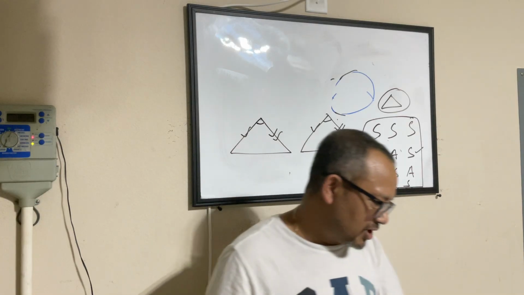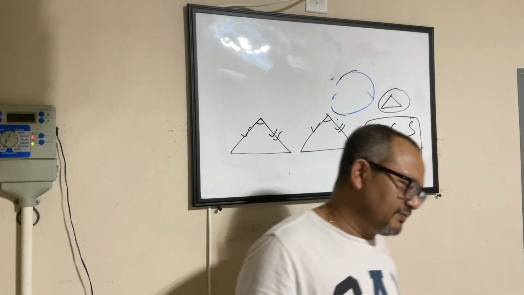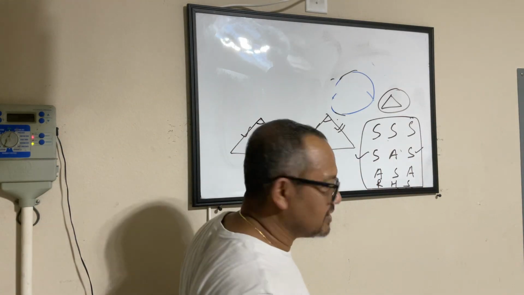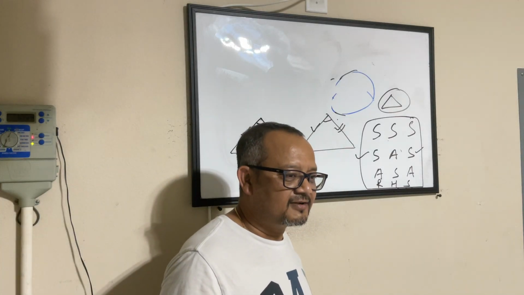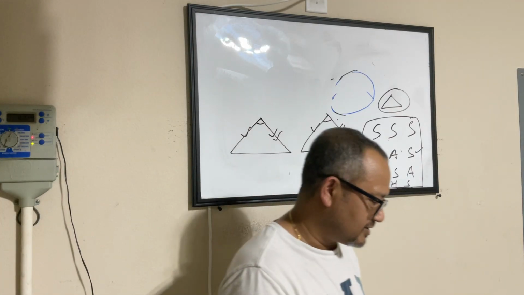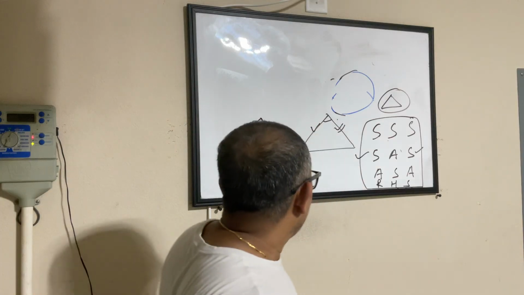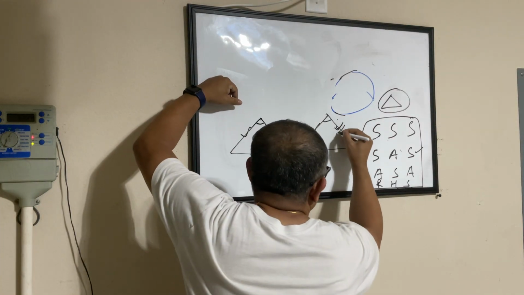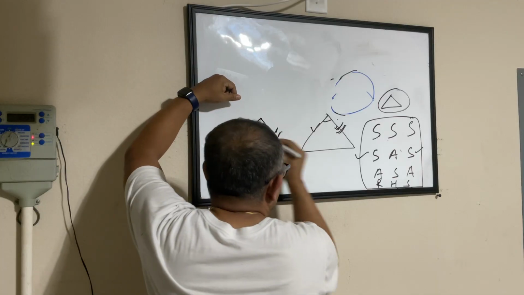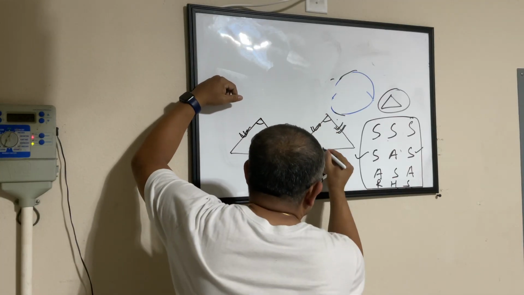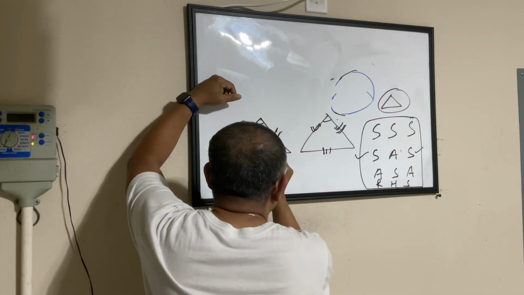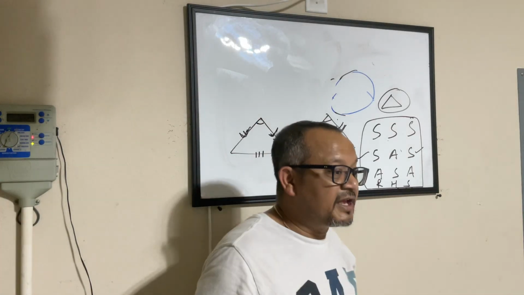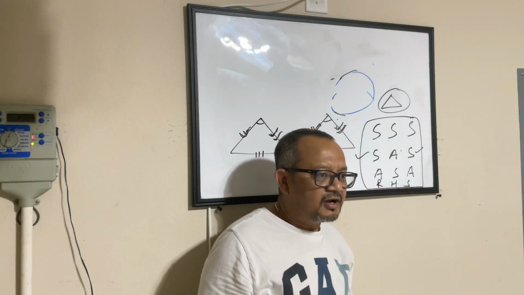Do you want to surrender and say, okay, if the teacher is saying so, let's believe it? Now, don't surrender. Here's the thing. I'm saying that when this side is equal to this side, and this side is equal to this side, then the third side's length is equal to this side. I'm saying so, and you will say why?